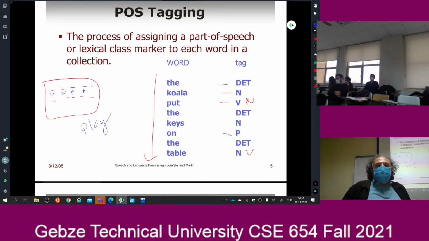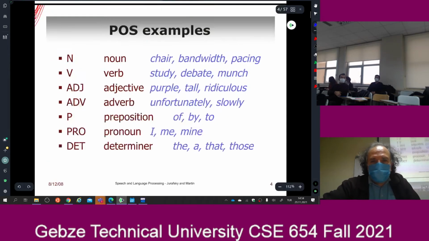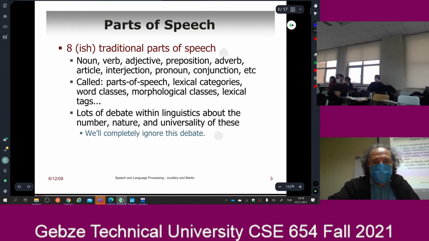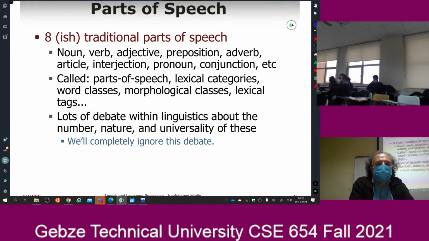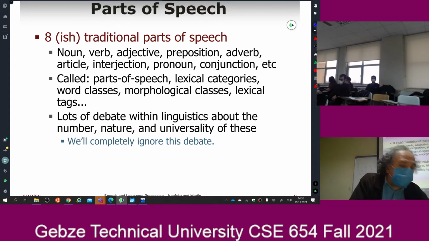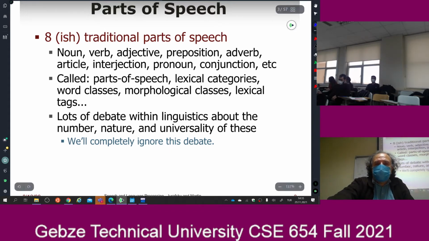Okay, so this is what part of speech tagging is. That's what we are going to do. For English we need to know what kind of tags we have. We know already these are nouns, isim, verb, fiil, adjective, sıfat, etc. Do we have prepositions in Turkish?